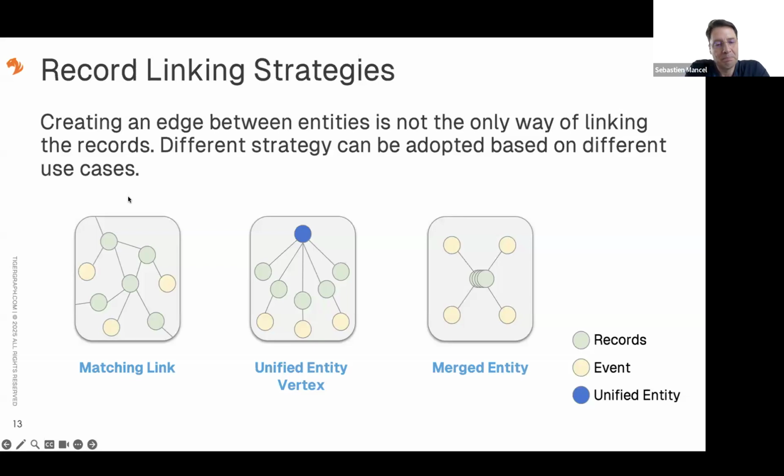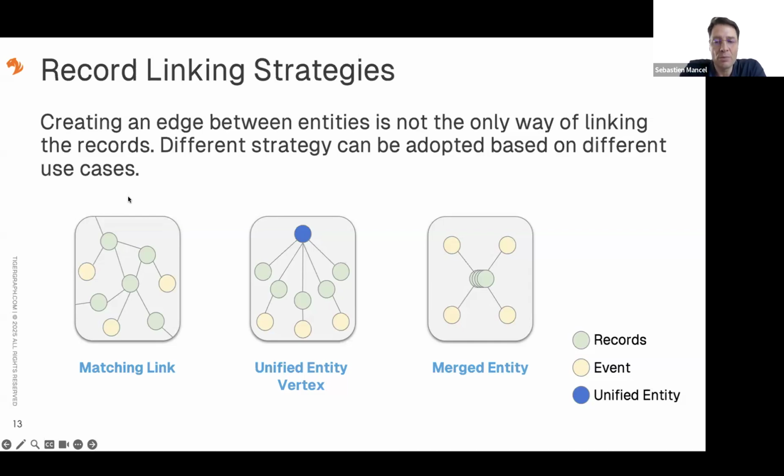and is distributed. Now, on the right-hand side, we have the merged entity. In this model, we go even further. Instead of linking the records, we merge them into a single unified node. Now, all the data associated with the records, transactions, events, attributes, now point to this one merged entity. This gives you a clean and compact graph.